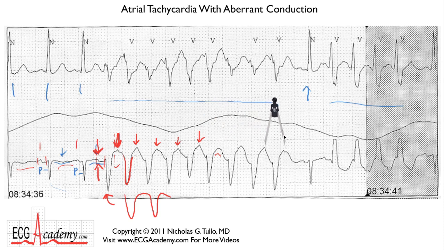But you want to see something really cool? Here, you can see that there's a bit of a pause. And following that pause, there's a P that occurs that's on time, if we're considering this to be an atrial tachycardia. And then the next one occurs on time as well. Now, why did this QRS become narrow and normal looking? I'll tell you why.